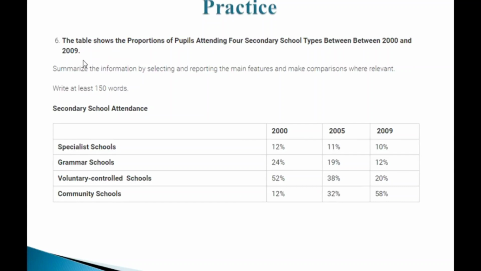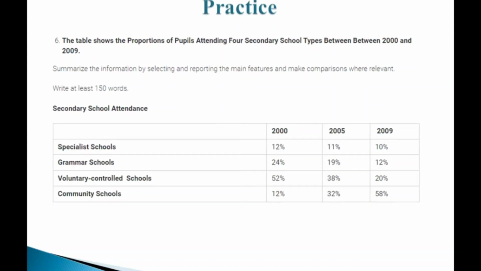First of all, you will have to write an introduction, and in the introduction you will need to paraphrase this. The tabular chart: the word shows can be replaced by represents, illustrates, depicts, displays, gives, or describes.